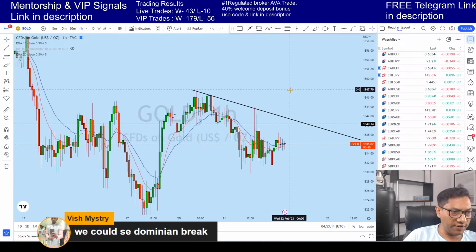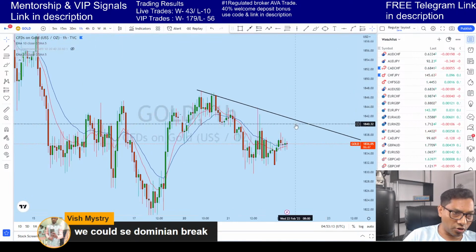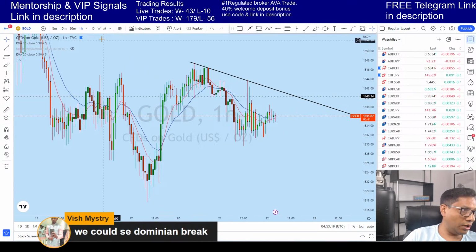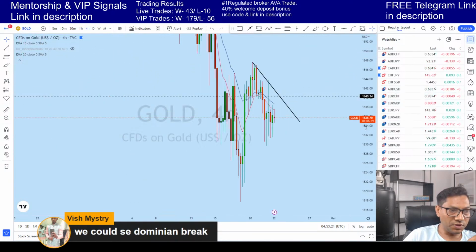Around 1840 up will be a good place for a potential selling opportunity on the lower time frame on gold. So you can see this is the best way to analyze a market, to look at the bigger time frame.